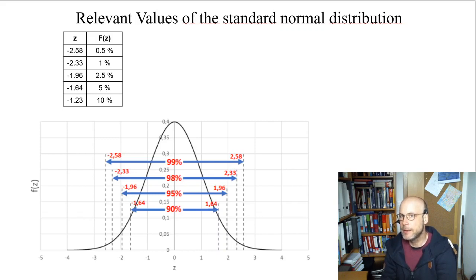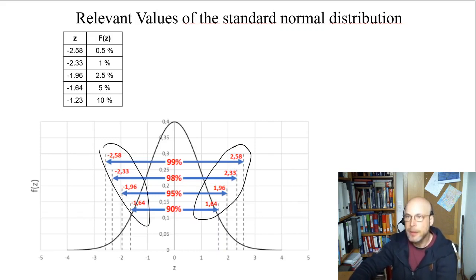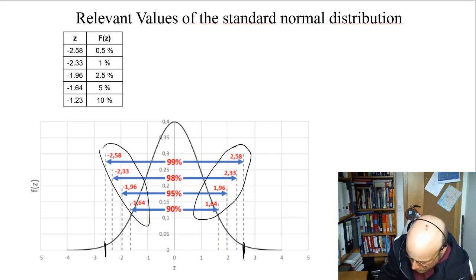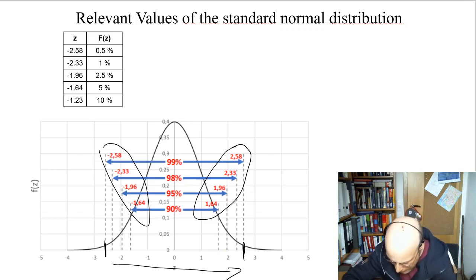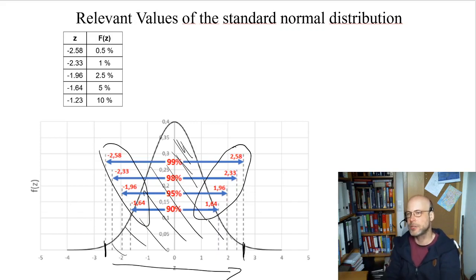Therefore, it is quite good if you know these specific numbers here, because these numbers are just the intervals of the standard normal distribution where the area in between, so from minus 2.58 to plus 2.58, below our density function is 99%.